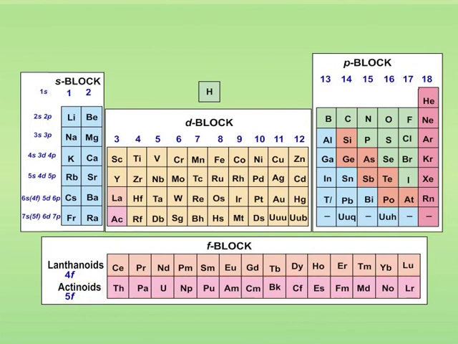Thereafter, the filling of the 6d orbitals, which started at actinium, that is Z equals 89, continues till it is completed at Uub, Z equals 112. These 10 elements, that is actinium 89 and rutherfordium 104 to Uub, constitute the 6d transition series.